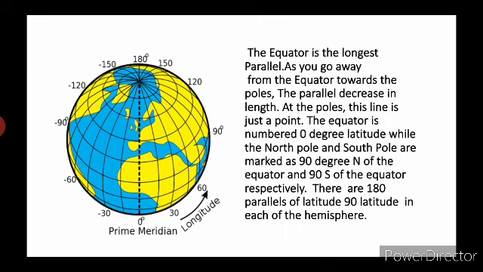The equator is numbered 0 degree latitude, while the North Pole and the South Pole are marked as 90 degree N and 90 degree S of the equator respectively. Now see what they are telling here.